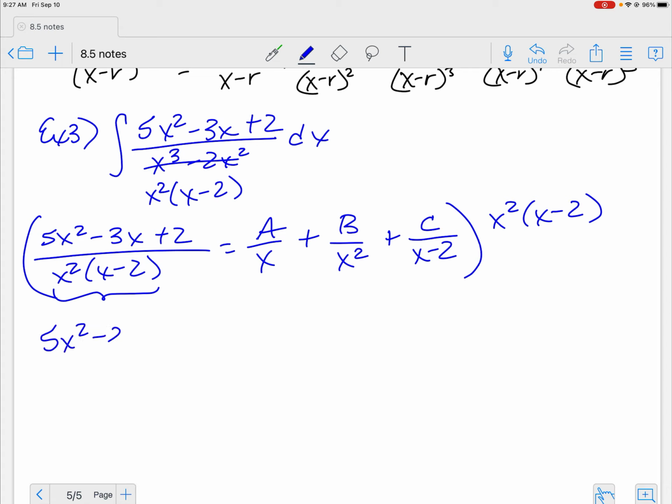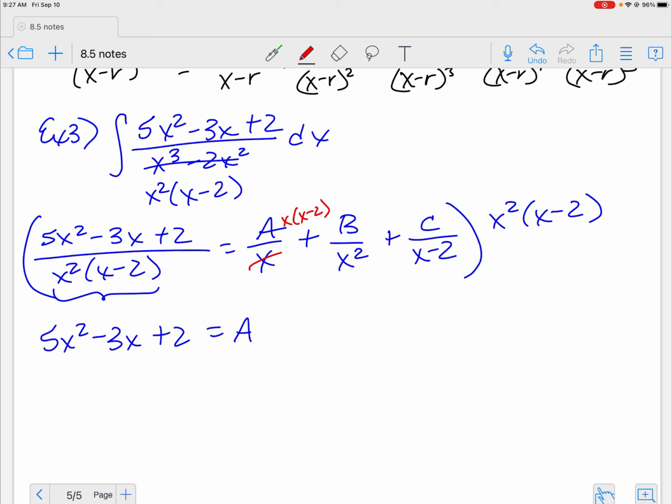Now I have 5x squared minus 3x plus 2, because remember, this also goes to this term on the left. That whole thing cancels out. If you put an x cubed over here, you would have to multiply this by an x. Don't do that, right? Then you're messing with the problem. So here I have one of these x's, let me write it down. One of these x's cancels out.